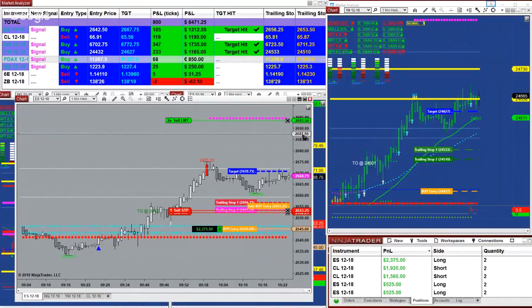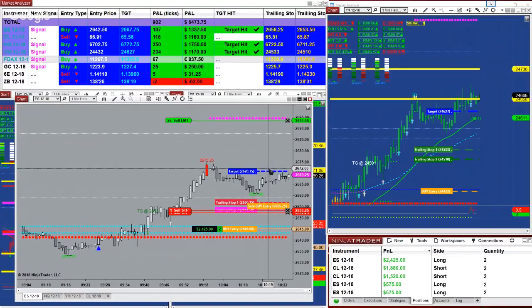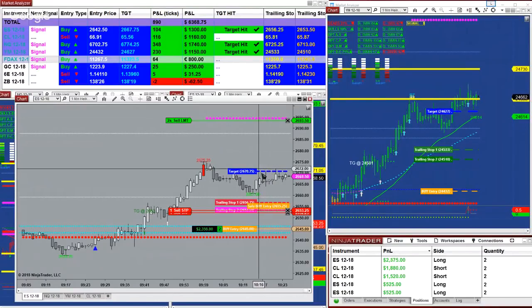That will be your last destination on that one here. So we will see if we can break that area. It is right at the target and the fib line, and there is nothing we can do except wait on those trades.